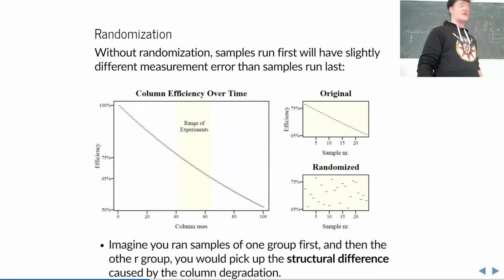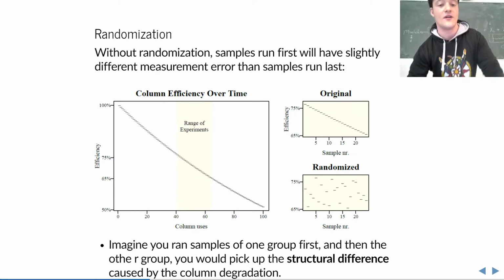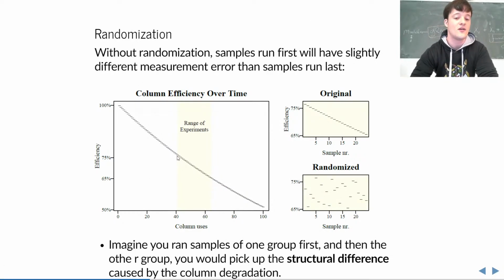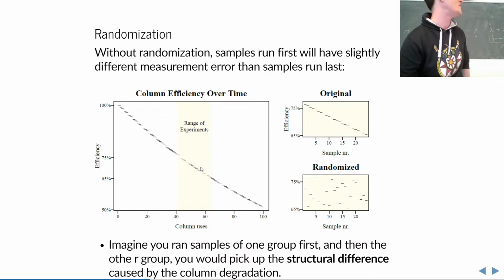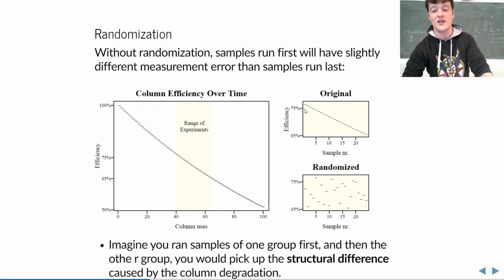So this is what that looks like. Here we have your range of experiments. You're using a column that has already been used for another study maybe. You have 20-something samples. But the first sample is going to have a different efficiency of the column than the last one, because you keep using the column, so it keeps decreasing in efficiency. This is what that looks like.